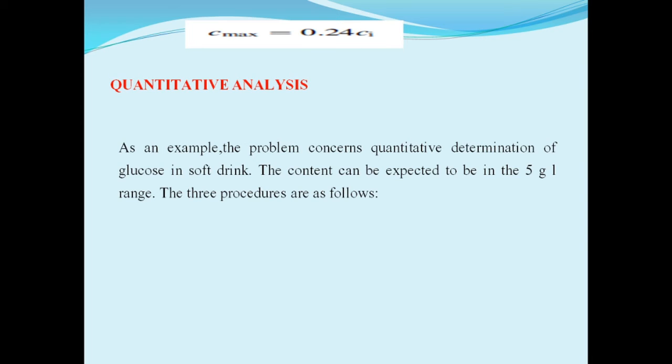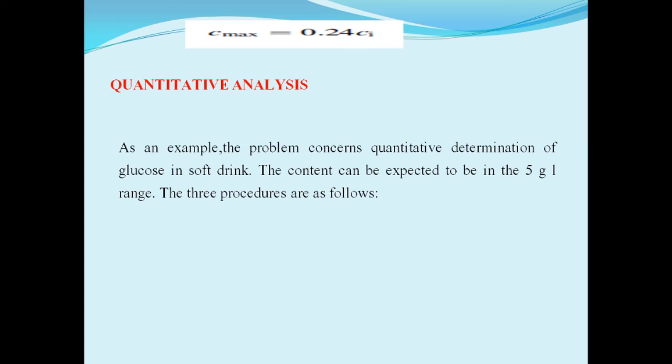And C. The detector should have as low a detection limit as possible. A bulk property detector such as a refractive index detector is not suitable for trace analysis. Fluorescence and electrochemical detectors are most useful.